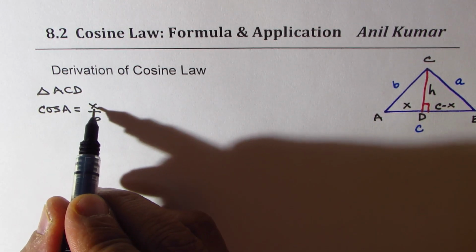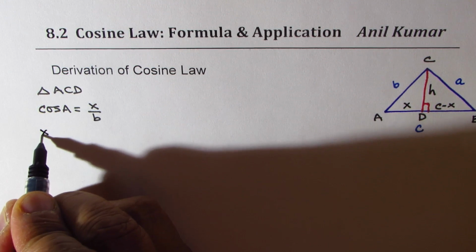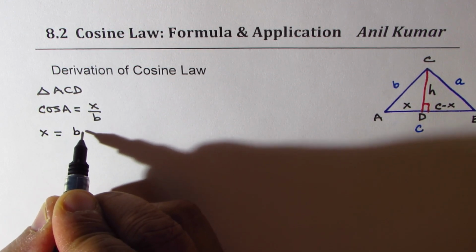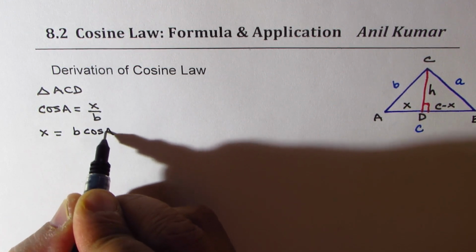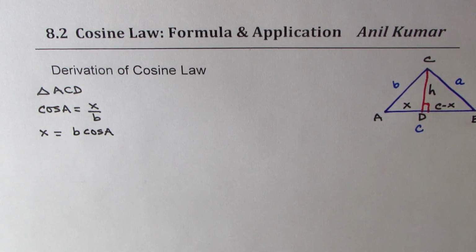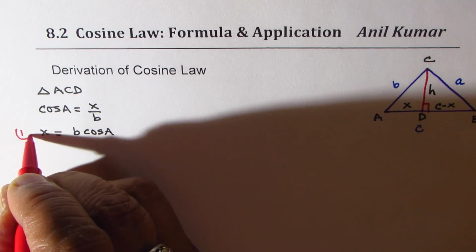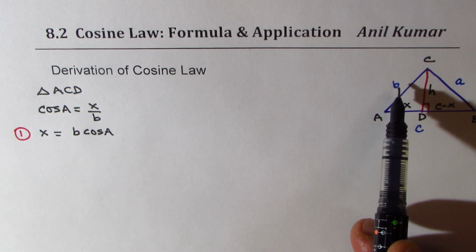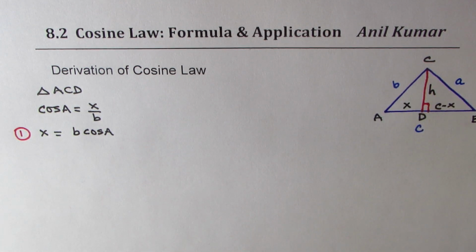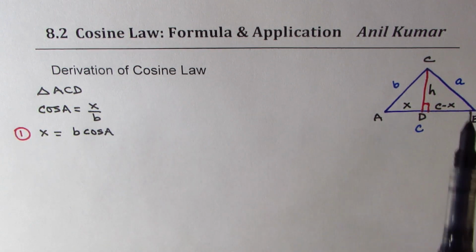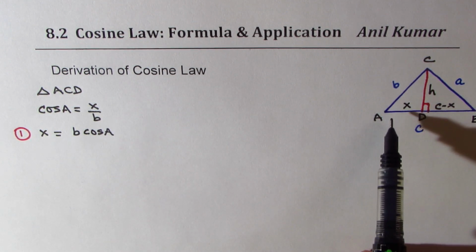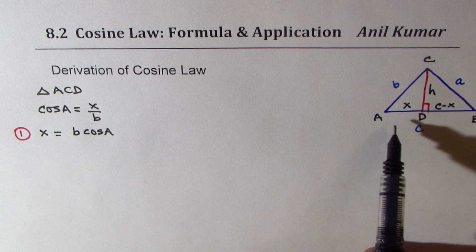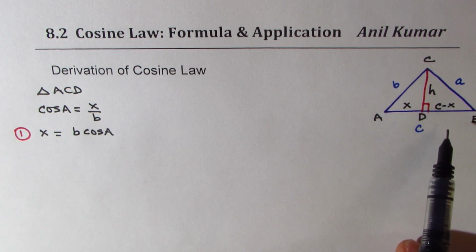Now from here, we can write x as b cos A. So we have one relation here which relates cosine of the angle A with the side b. Cosine law basically relates all the 3 sides with cosine of angles. That's the whole idea. So let's see the other 2 sides, how we can relate them.